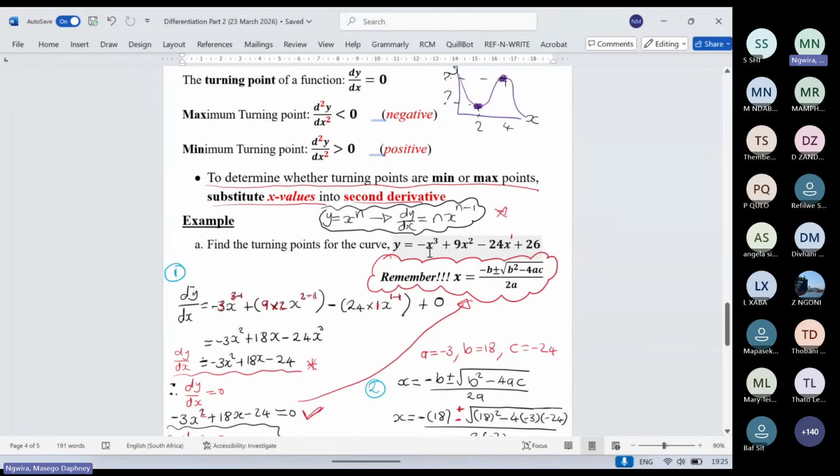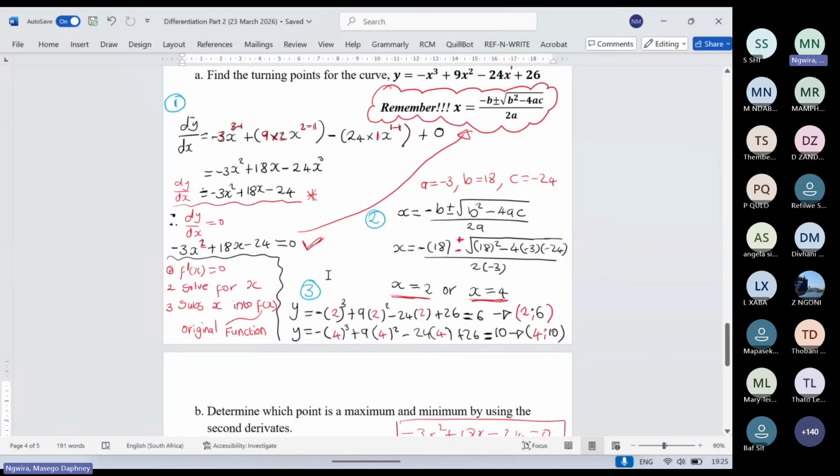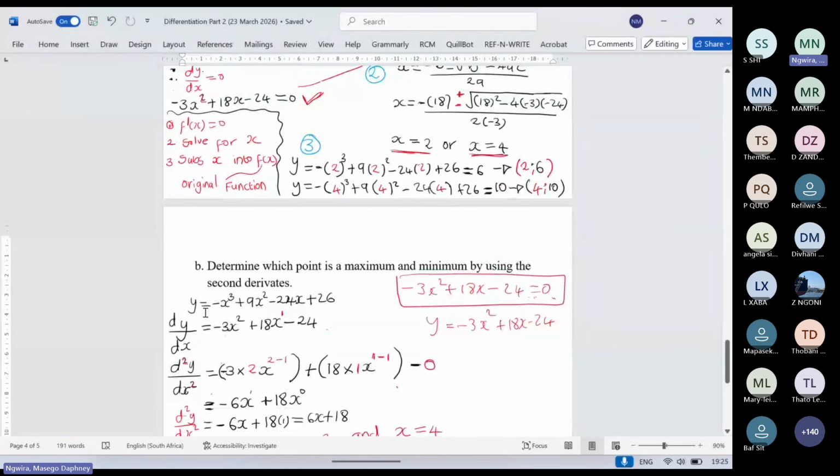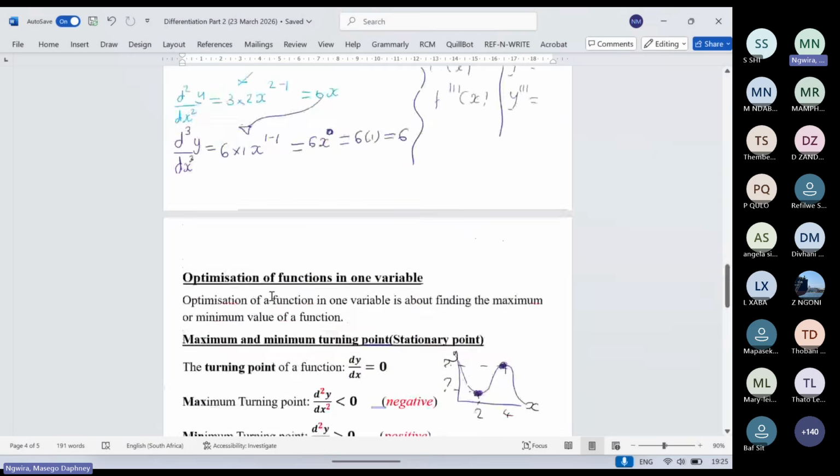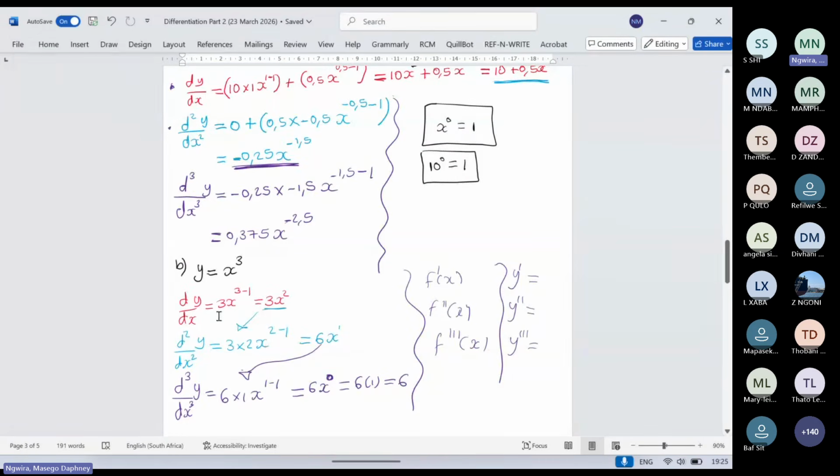Y is equal to negative x cubed plus 9x squared minus 2x plus 26, and derive it two times. So are you telling me that after you derive for the first time, you divide it by 3? That's my question. When did I divide when I was deriving? Have I ever divided here?